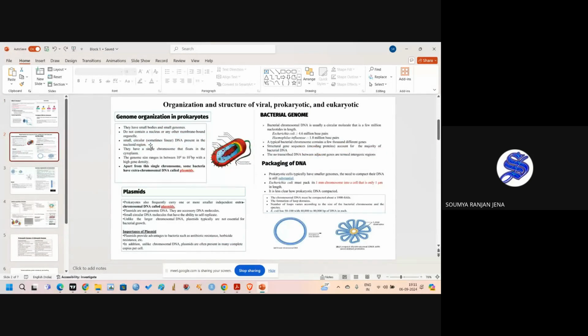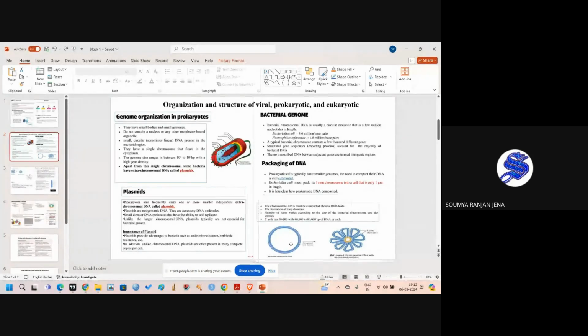Then we have discussed the genome organization in prokaryotes. As we know, prokaryotes contain two different types of genome: the nuclear genome and the plasmid genome. The plasmid genomes are circular genomes. The plasmid contains extra chromosomal DNA, and this plasmid provides advantages to bacteria such as antibiotic resistance.